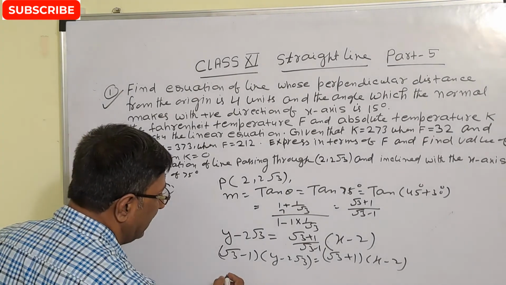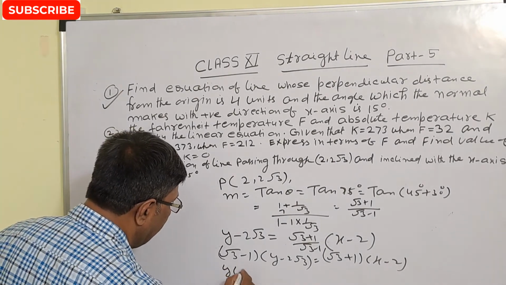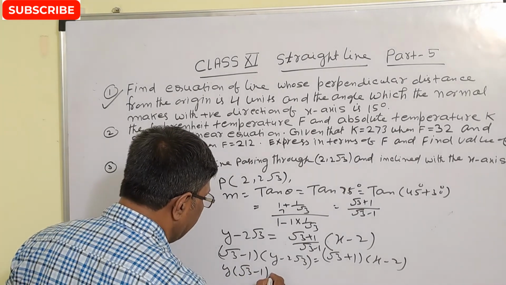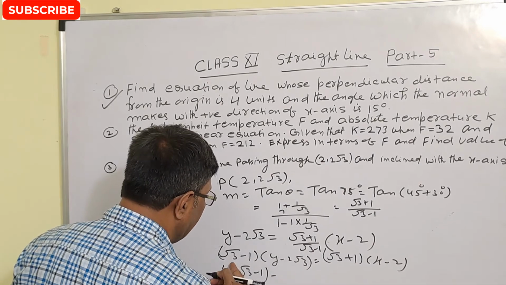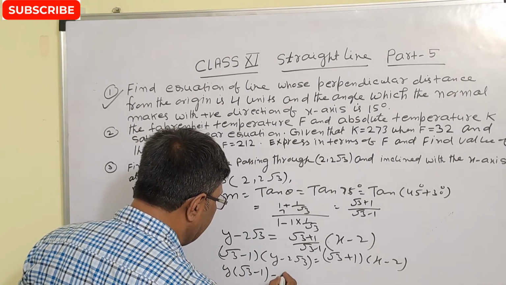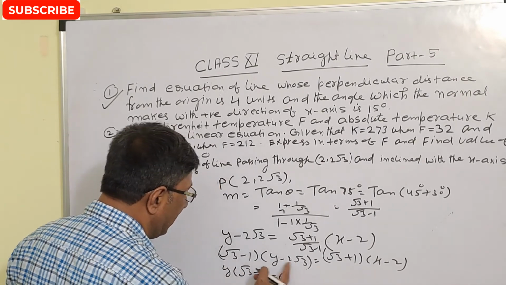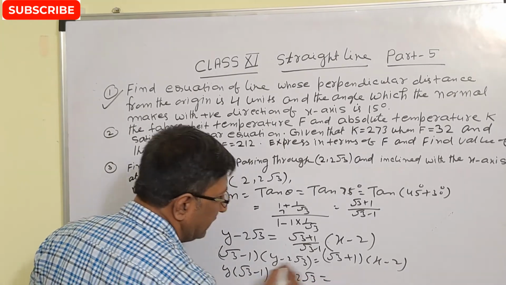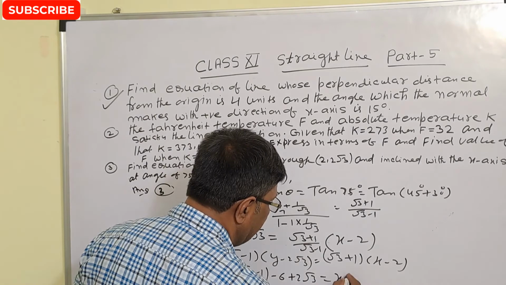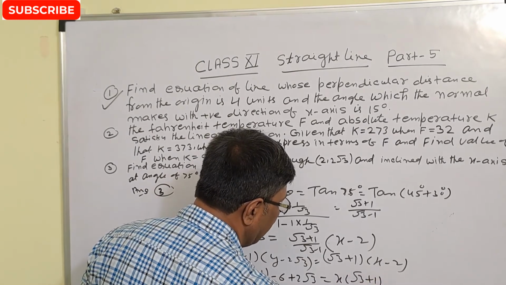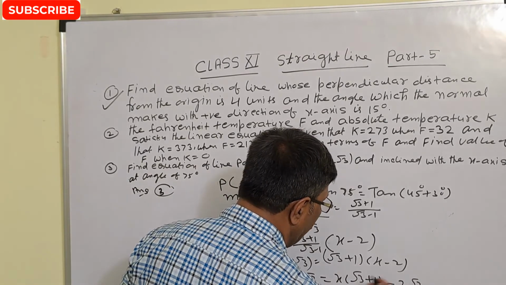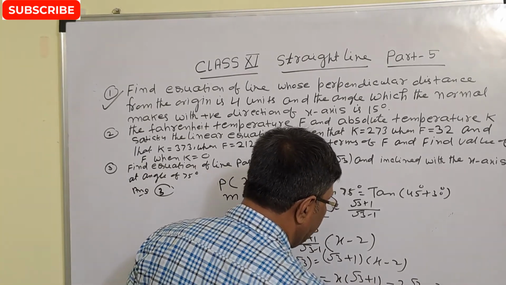So this is y into root 3 minus 1, and minus 2 root 3 into root 3 is minus 6, and minus 2 root 3 into minus 1 is plus 2 root 3. In the same way, here x into root 3 plus 1, minus 2 into this, so this is minus 2 root 3 and minus 2.